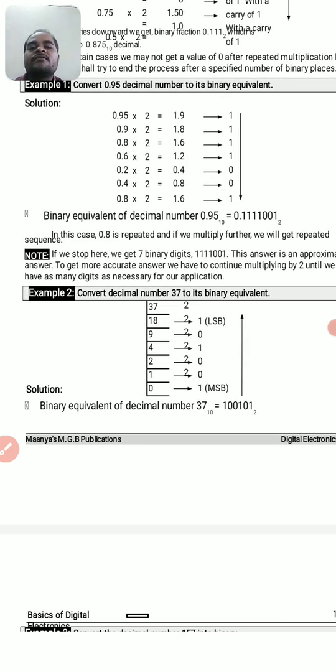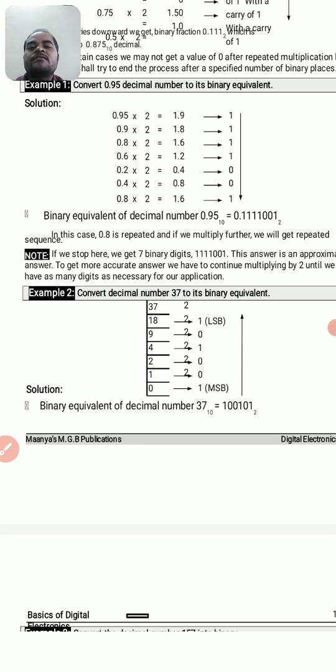Here, when we have to multiply 0.6 again, we see that in the fourth step we have already multiplied 0.6, which means it is repeated. When we get repeated values like this, we have to stop the multiplication and write the result by putting the decimal point here.